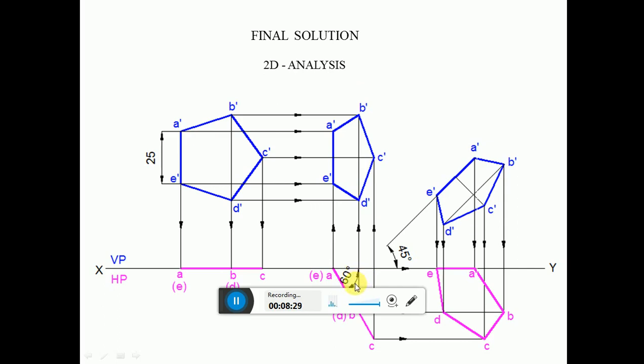The side on which it rests is inclined at 45 degrees to HP. So the side which is resting on VP is AE, and it makes an angle of 45 degrees. Initially it is perpendicular to HP, and now in the third position it makes an angle of 45 degrees to HP. So this is how we can verify that our problem is right.